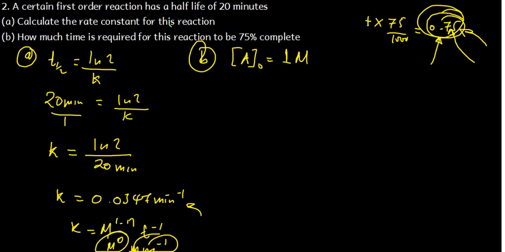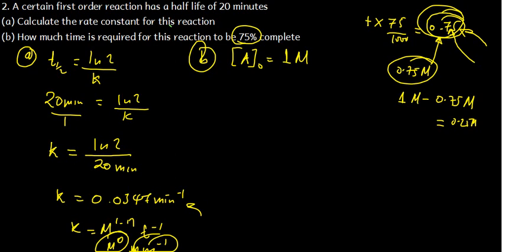So how much has remained? What has remained is 1 molar, which was present initially, minus 0.75 molar. So the one which remains is 0.25 molar. That is 75% complete. So this is what remains, and this is what has been used.